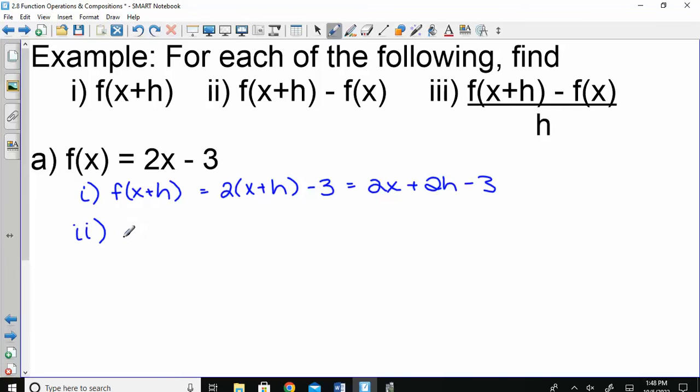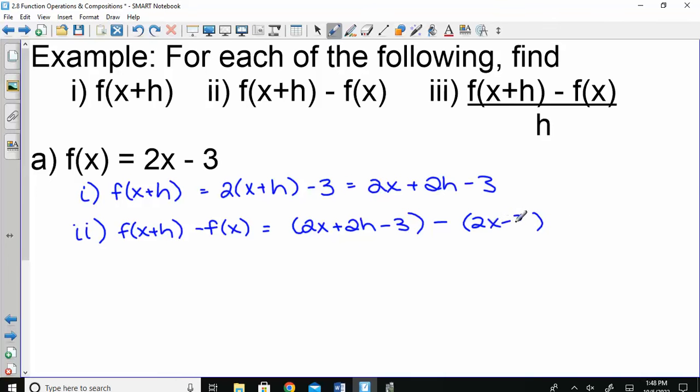Second thing I want, f of x plus h minus f of x. So f of x plus h, we just worked out, was 2x plus 2h minus 3. Minus, what is f of x? 2x minus 3.